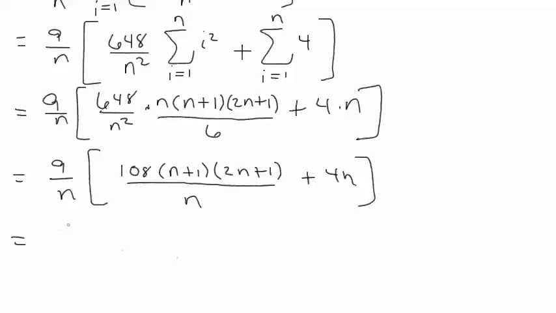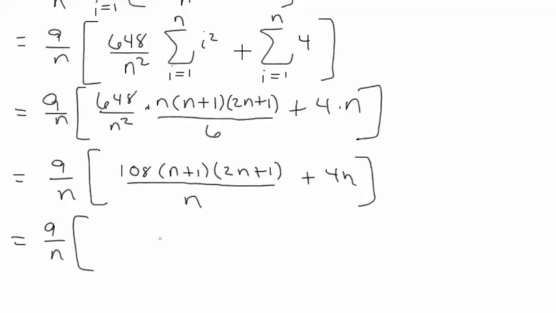All right, so to save 5 minutes, or however long, after doing this piece right here, we'll go ahead and keep the 9n outside for a second.